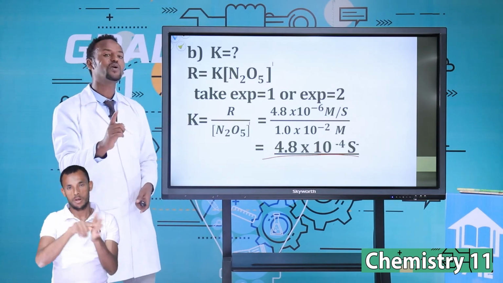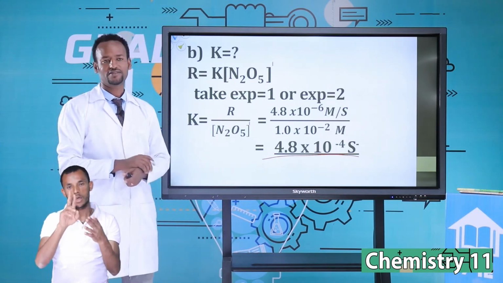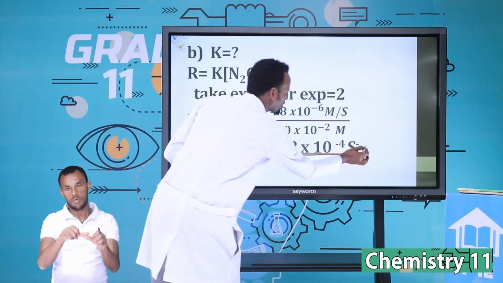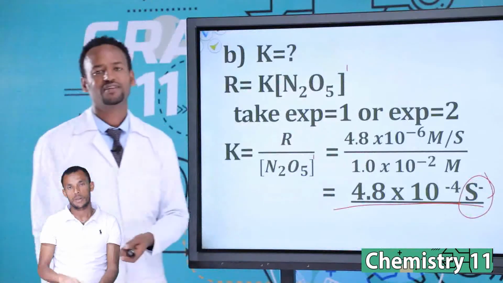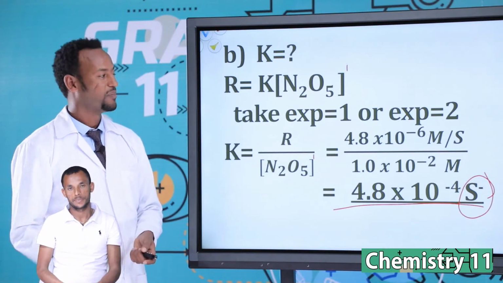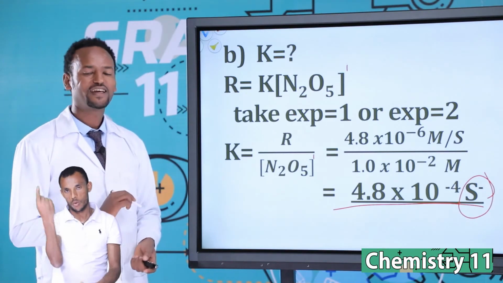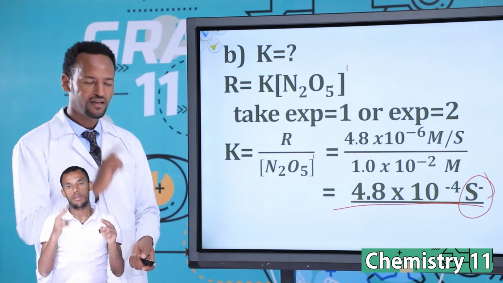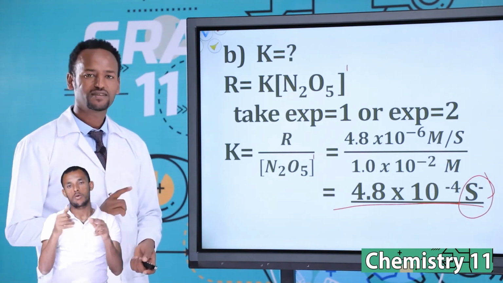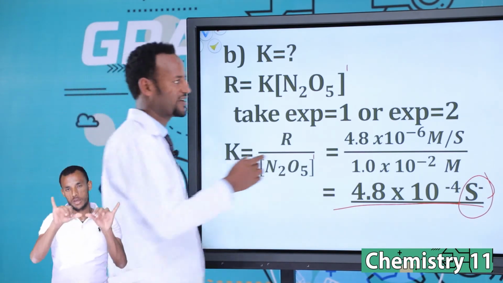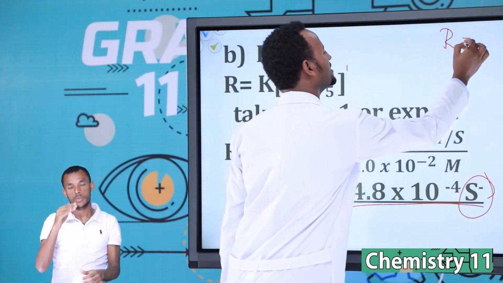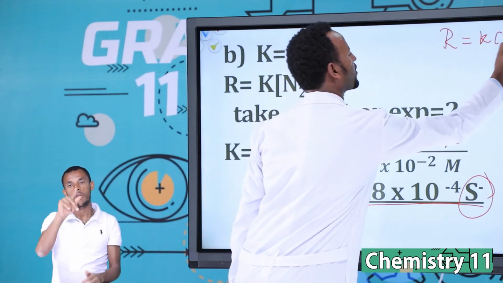The third one is, what is the unit of the rate constant? Already it's known: per second. By the way, the unit of the rate constant is always determined by this formula. Look, rate is equal to K times A to the power of X.